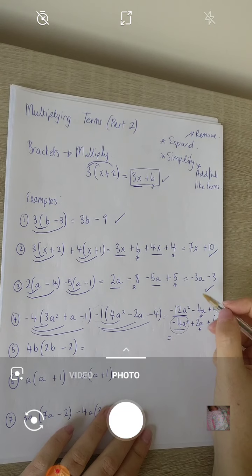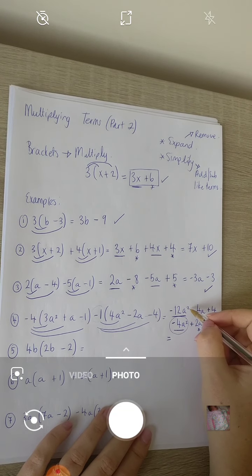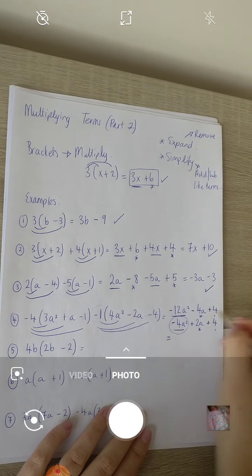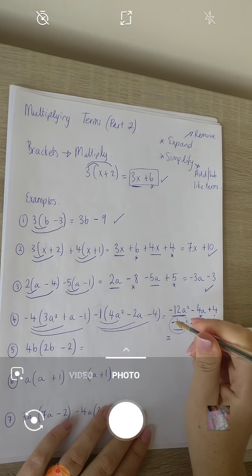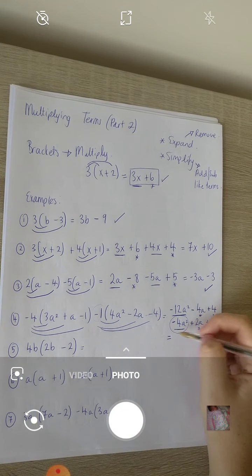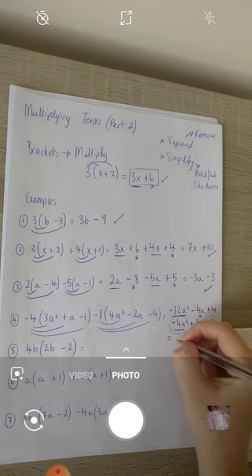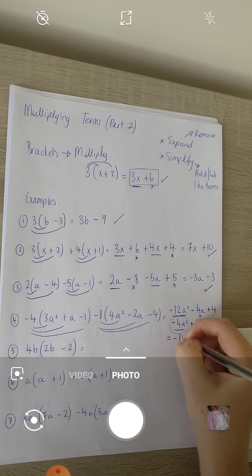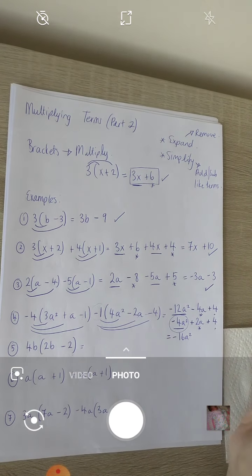Okay, so just be careful with that. So we've minus 12a squared minus 4a squared. So we're on our number line here. So if we're on minus 12, so if we owe someone €12 and then we owe them another €4, we now owe them €16. So it's minus 16a squared.